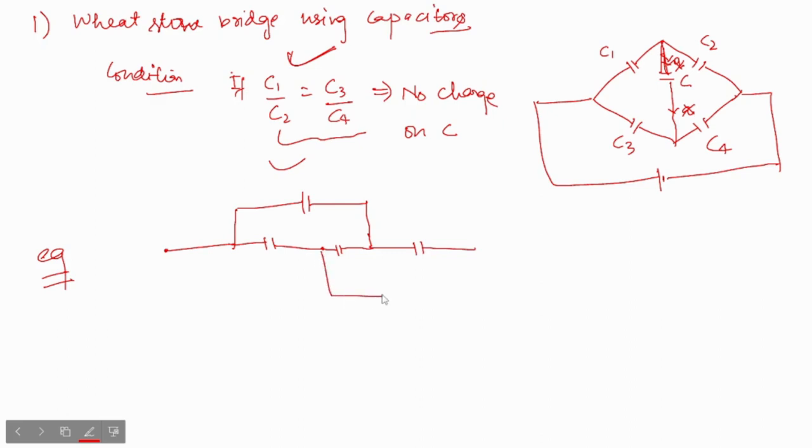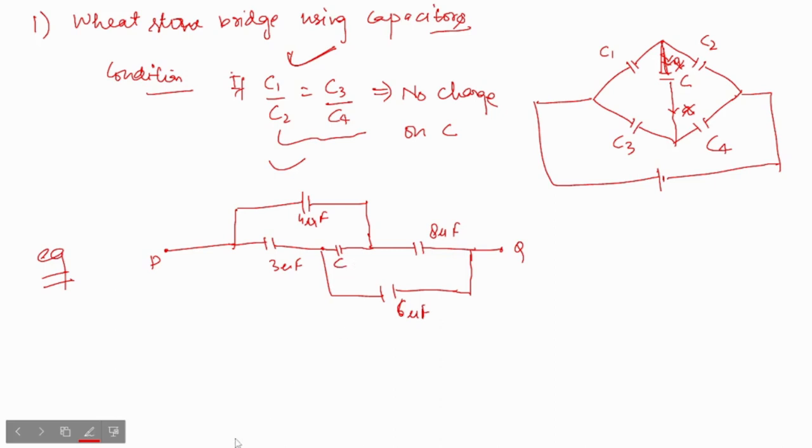Here again, this is a point Q. The point P. This is 3 microfarad. 4 microfarad. Right. This is 6 microfarad. This is 8 microfarad. Right, and this you can consider C.